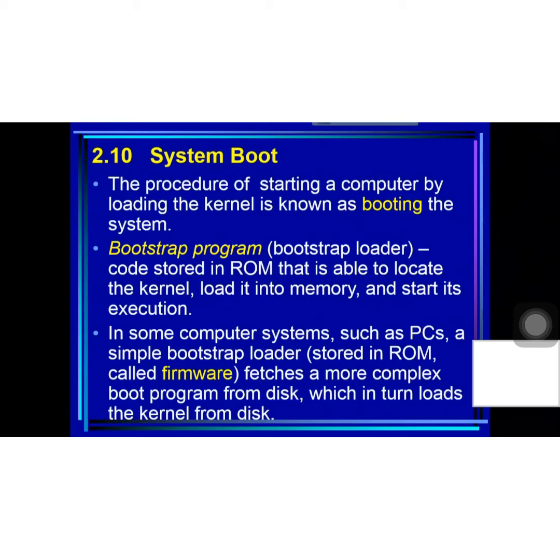The program stored in the boot block may be sophisticated enough to load the entire operating system into memory and begin its execution. More typically, it is simple code and knows only the address on disk and the length of the remainder of the bootstrap program.